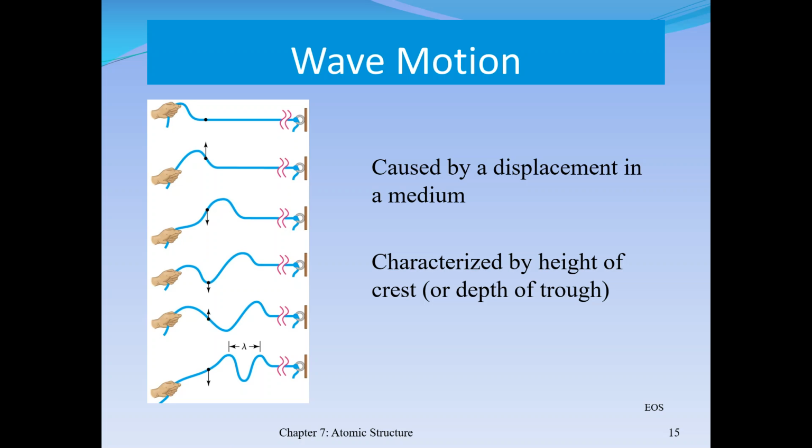Now, this is, of course, something that we can see in person, but there are other phenomena which can be described as a waveform. For example, electromagnetic radiation of all forms, including visible light, can be expressed as a wave motion. Sound can also be expressed as a wave motion.